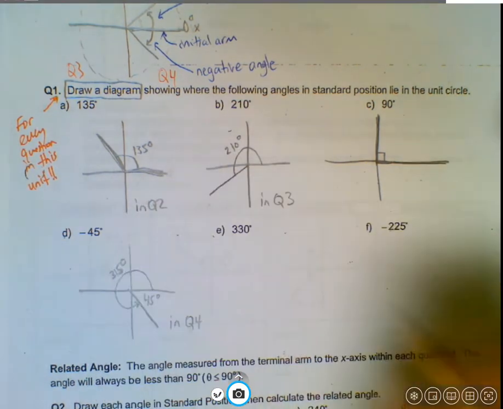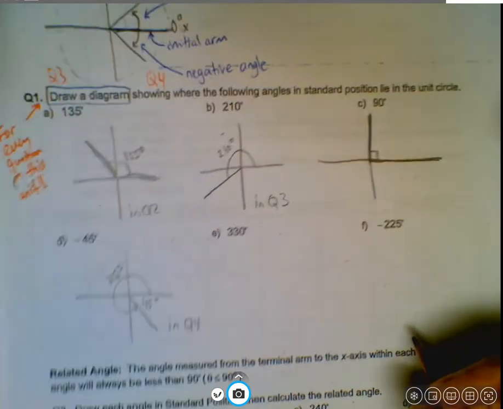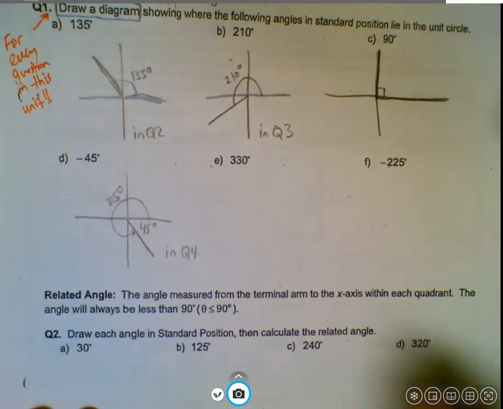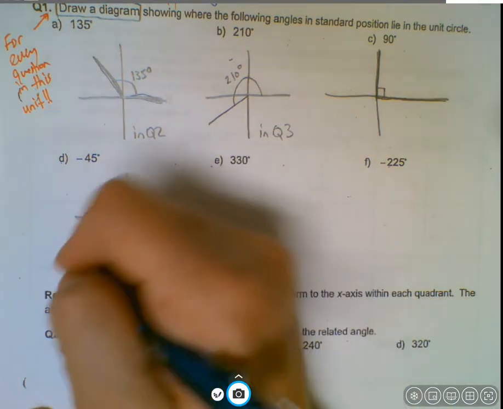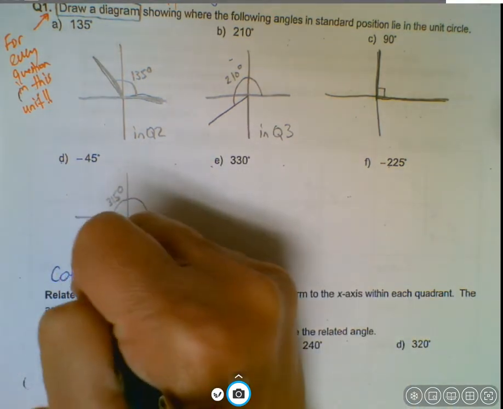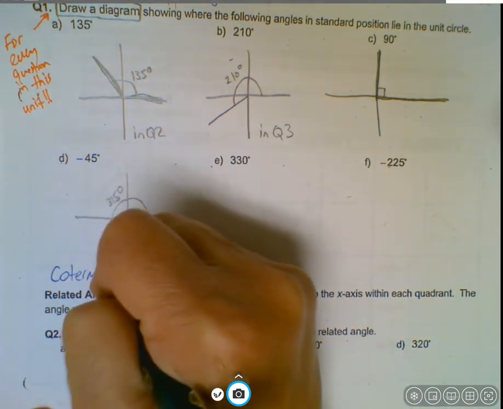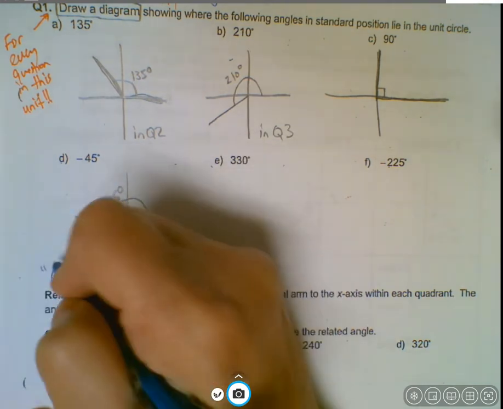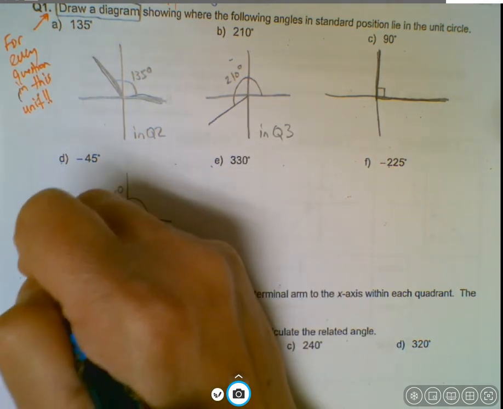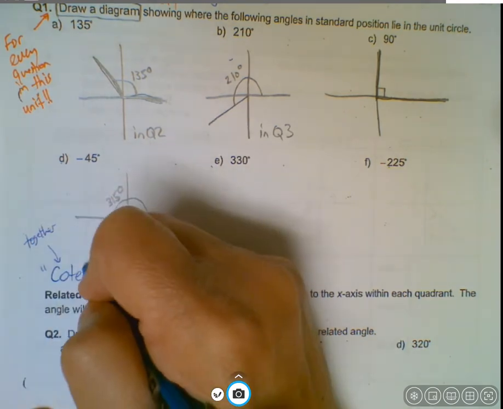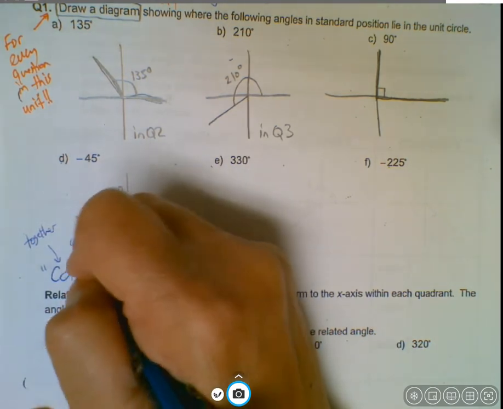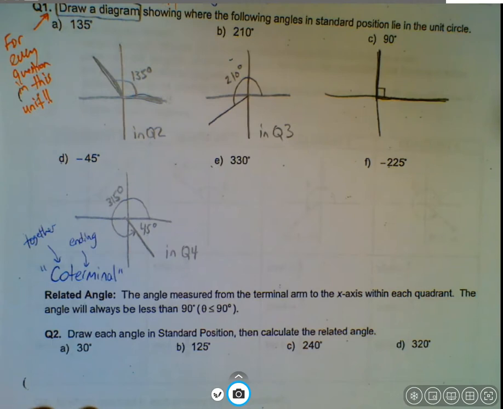Now you might also notice that this is the same as going in this direction, 315 degrees. So I'm going to introduce a new word, and the new word is coterminal. So coterminal, the word co means together or the same, and the word terminal comes from terminate, which is ending. So it's ending together.